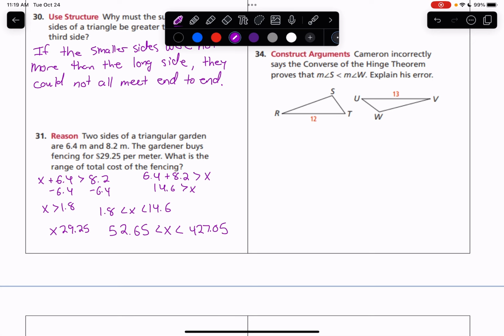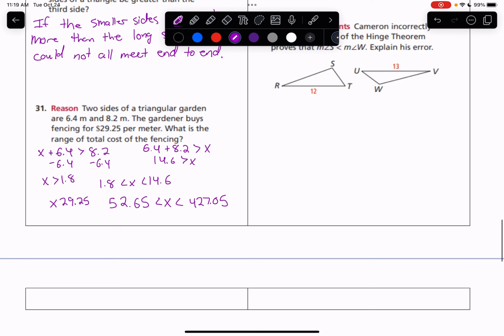So then we also need the sides that we already know, right? We need the 6.4 plus 8.2, which is 14.6. We'll multiply that also by 29.25. That's going to be 427.05. So we're going to have to add that on to the missing side, which would have to be between 52.65 and 427.05.